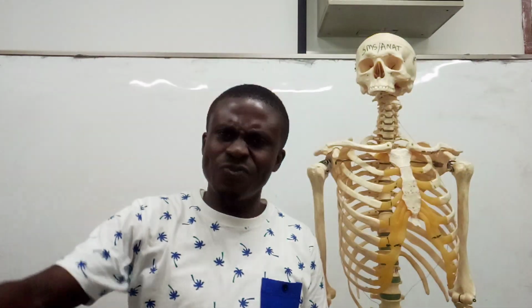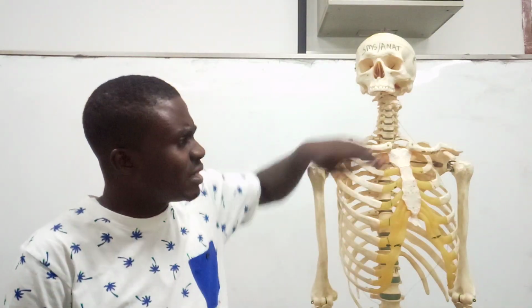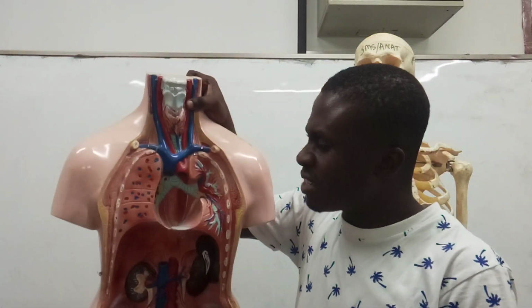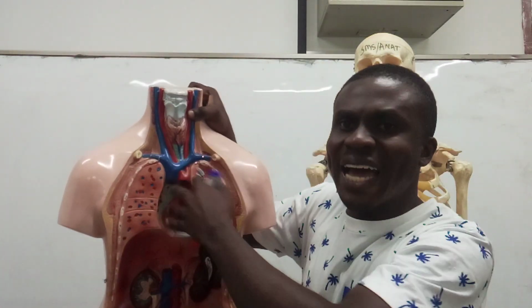And anything which is further away, for instance the lungs, is very deep and therefore becomes deep to the ribs. Similarly, if I take the sternum over here, it is very superficial, just beneath the skin. Over here, lying in what we call the middle mediastinum, we have the heart.